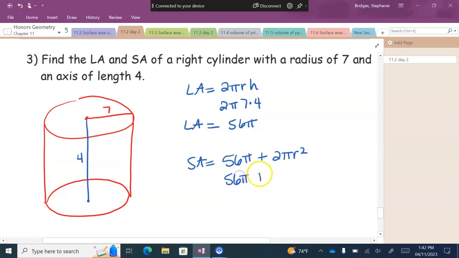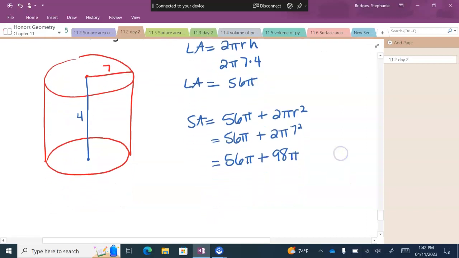And I saw some of you going to the side to find the area for your circle. That is perfectly fine. Actually, probably a good idea. What's 7 squared? 49. And then I have to multiply that by 2, which gives me 98. And then I just need to add those together. 56 pi plus 98 pi is going to give me 154 pi.